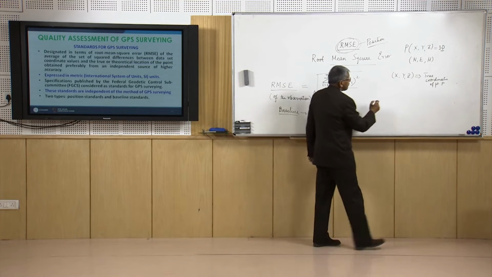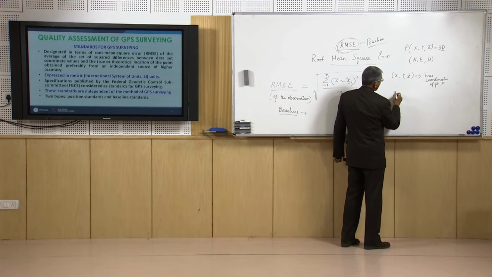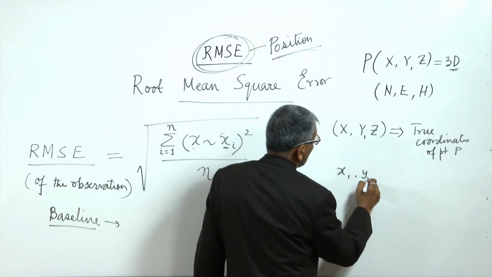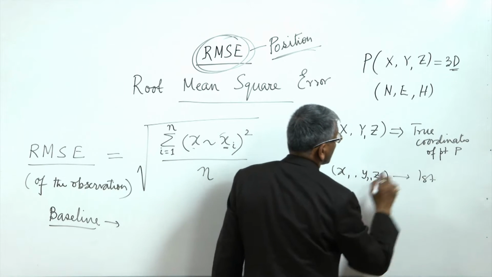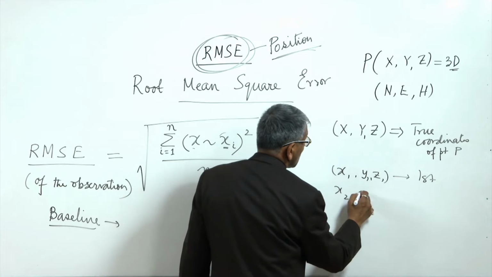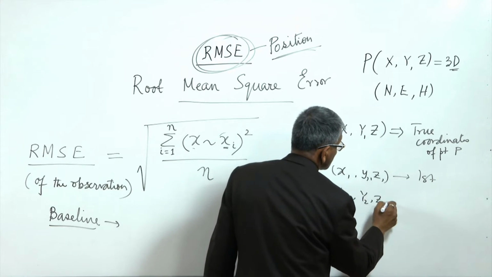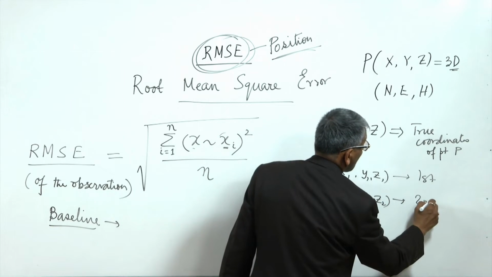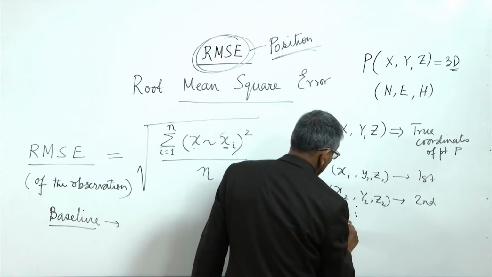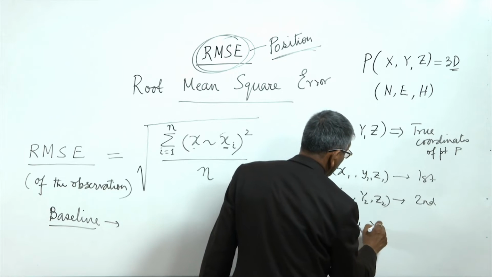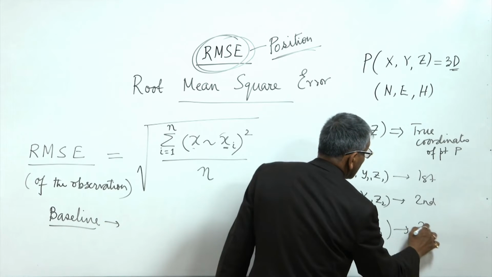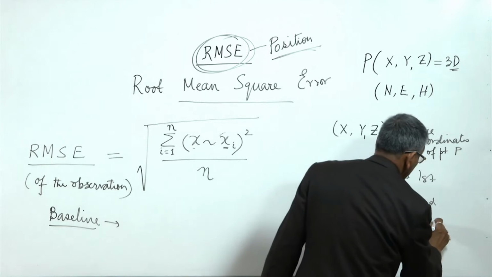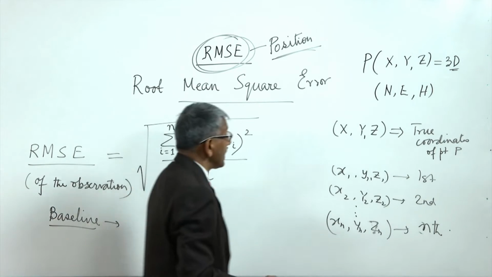During some observations, suppose x1, y1, z1 is the first observed location, then x2, y2, z2 is the second observed location, and like that, if we take n observations, we will have the nth observation.